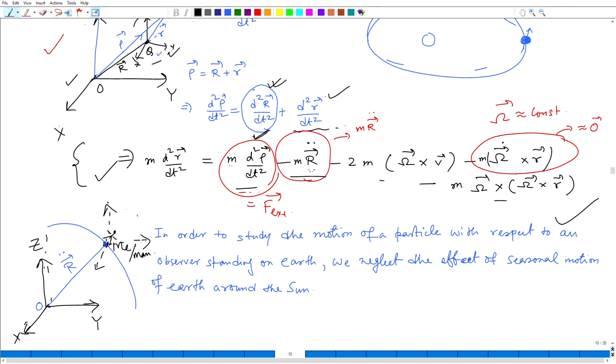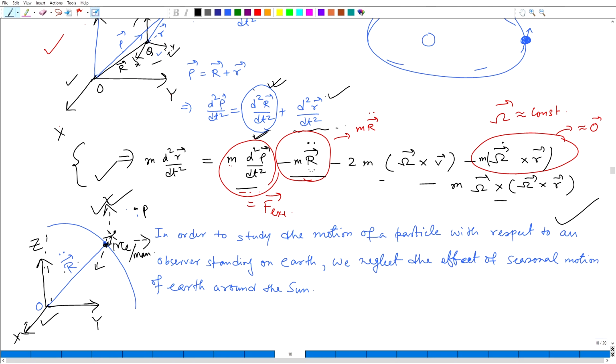We want to now study the motion of a particle p with respect to this coordinate axis, and the person's position is given by this capital R vector, and the double dot will simply be due to the person's spin motion with respect to the earth spin axis.